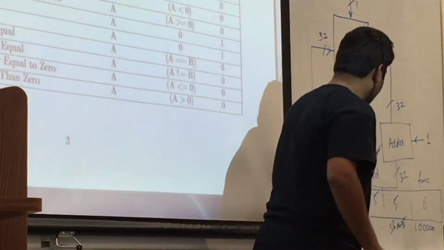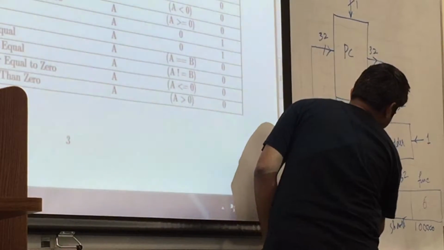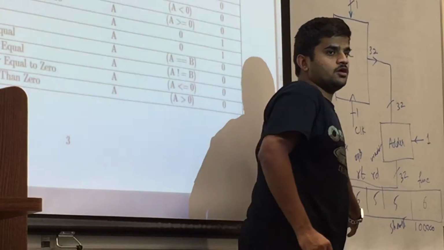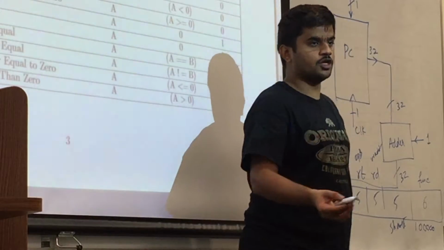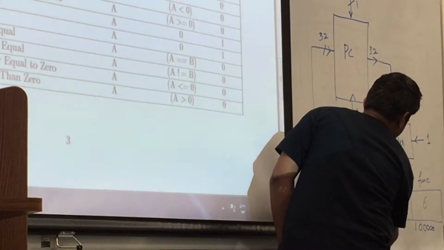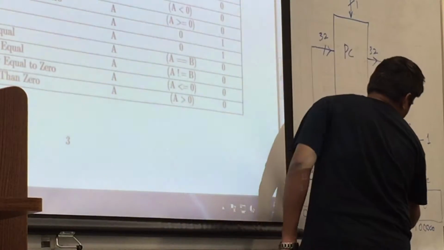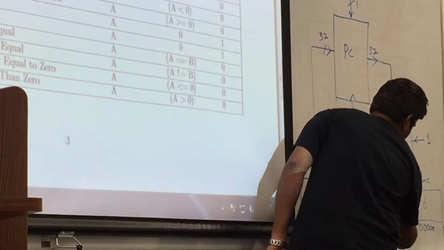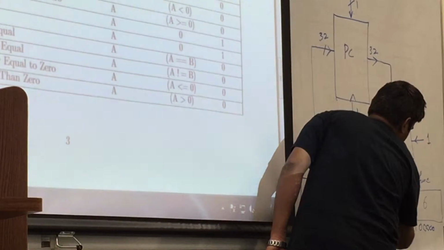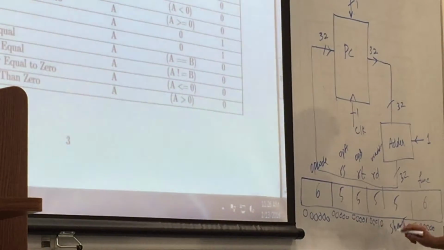Then say you are fetching the input data from the first location, then it should be all 5 zeros. And say you are fetching the second operand B from the second location, then it will be 4 zeros and a 1. And say you are writing to the third location, then it will be 3 zeros followed by 1 0. And just ignore this as of now, so let's make it all zeros.